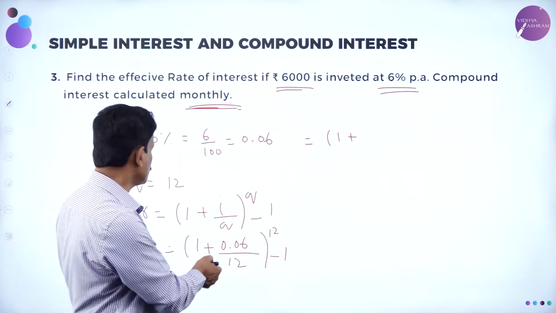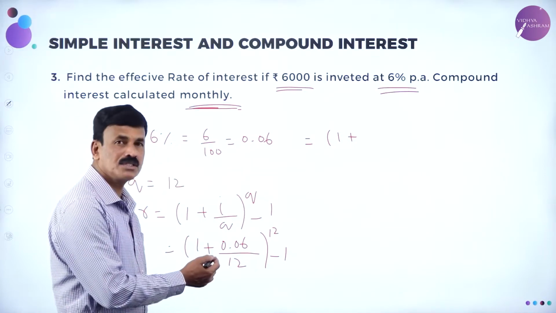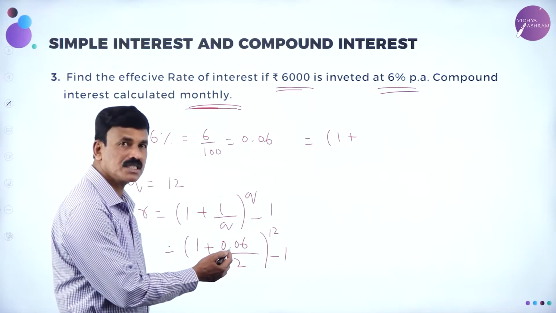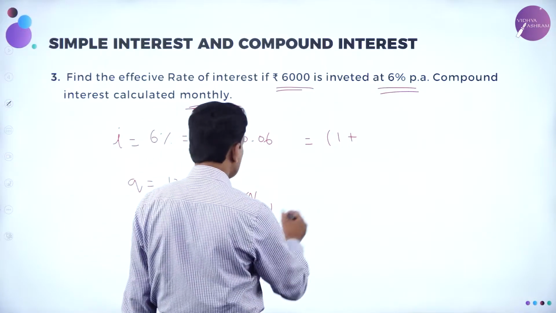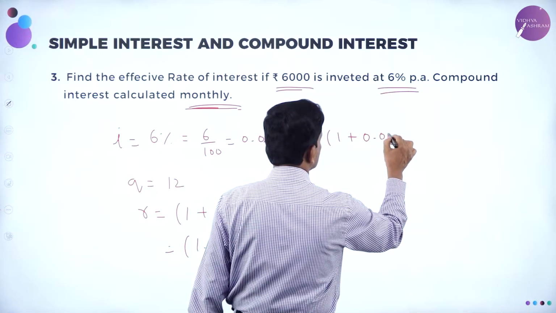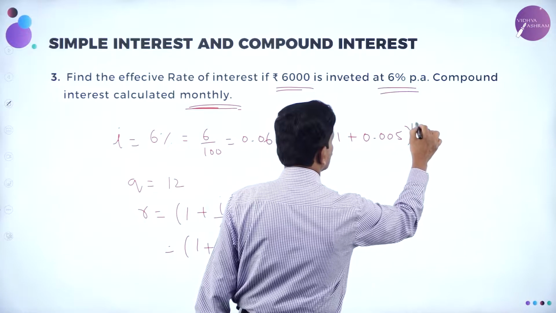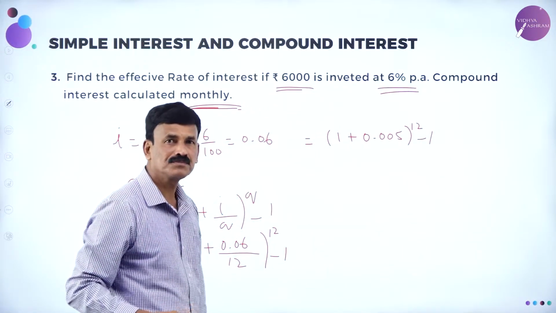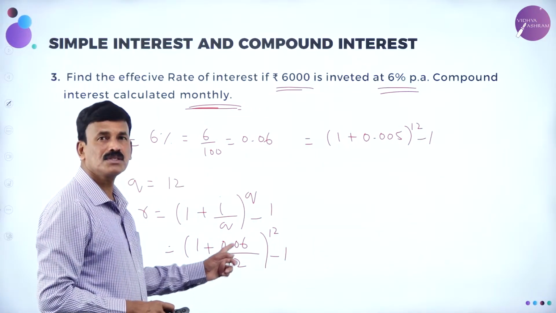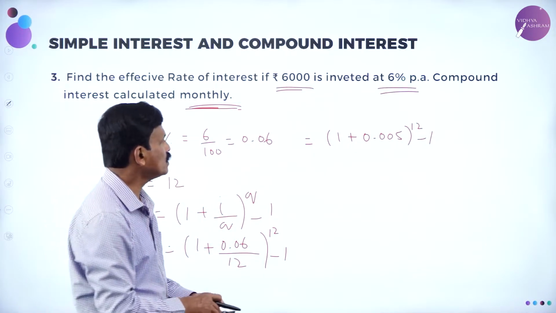Let us divide 0.06 by 12 first. If you divide 0.06 by 12, you will get 0.005. So this is 0.005 whole to the power of 12, minus 1.